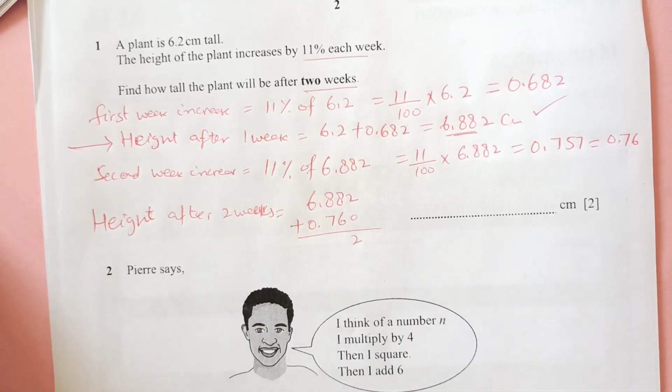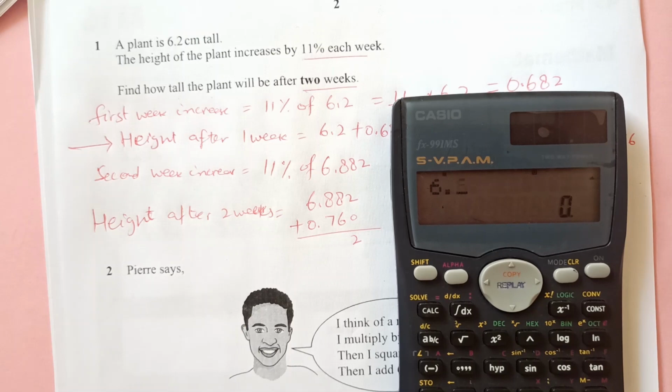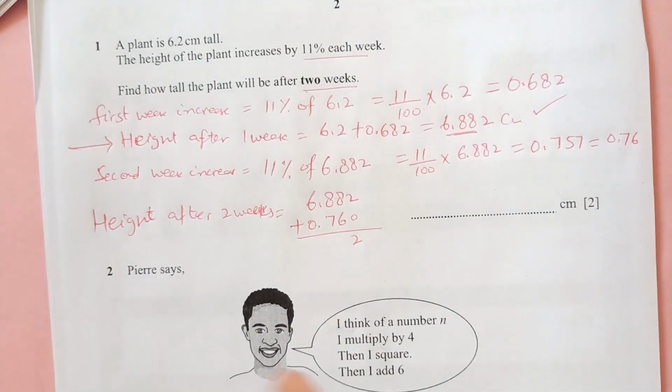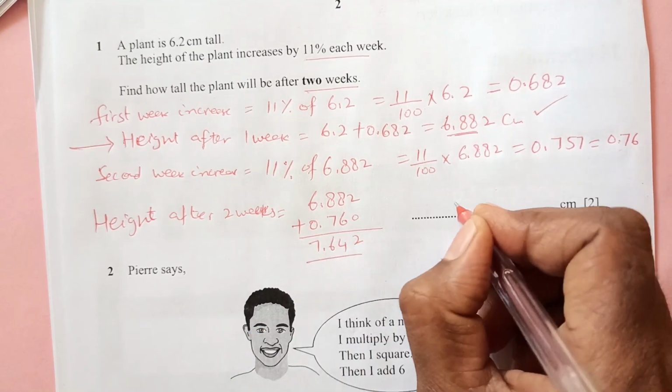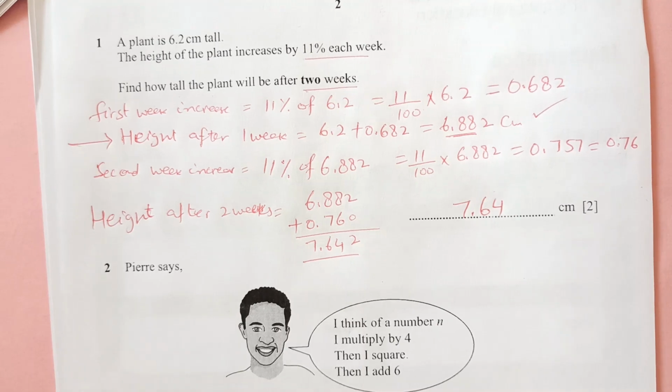So this is 7.642. So we can write down 7.64 as answer, right?